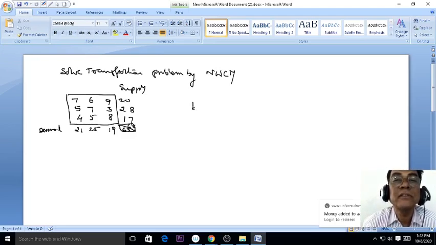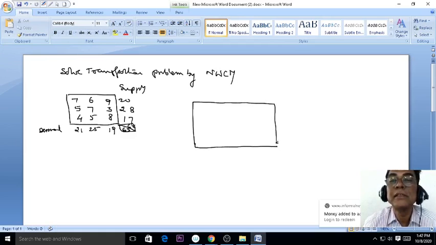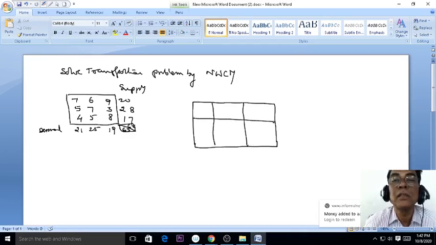First, make one big box like this. Understand? 3 columns: 1, 2, 3. 3 rows: 1, 2, 3. Okay. So please write down like this: 7.